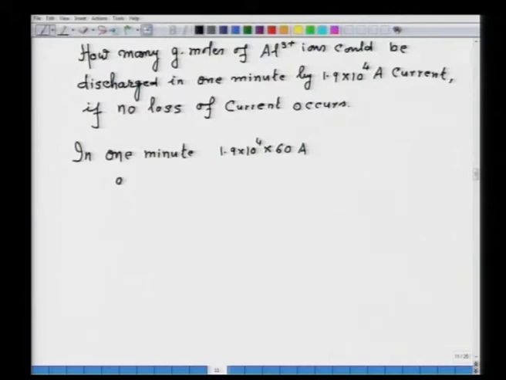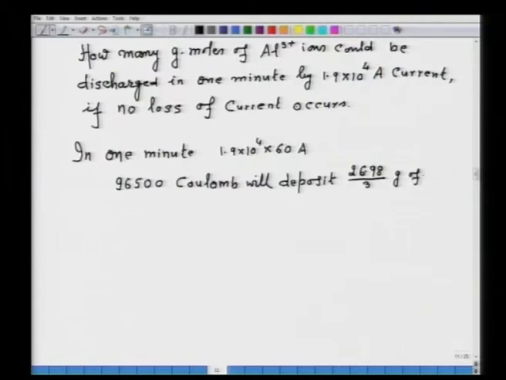Now, you know 96,500 coulombs will deposit the molecular weight of aluminum, 26.98 divided by 3 gram of aluminum. That is the definition of this. So, therefore, this will be approximately equal to 1.14 into 10 to the power 6 coulomb.